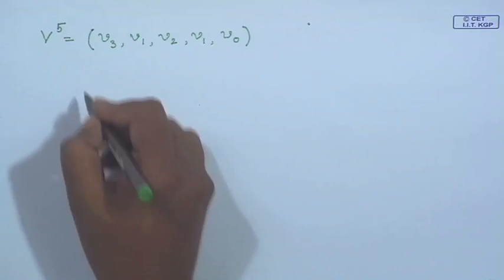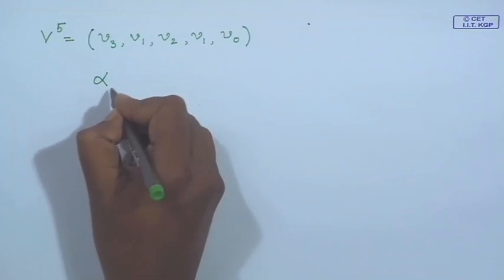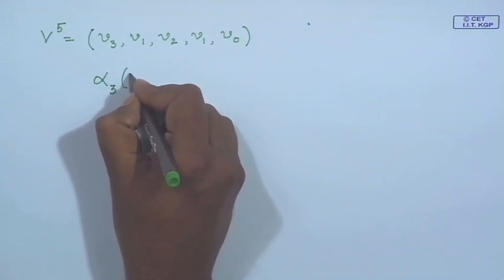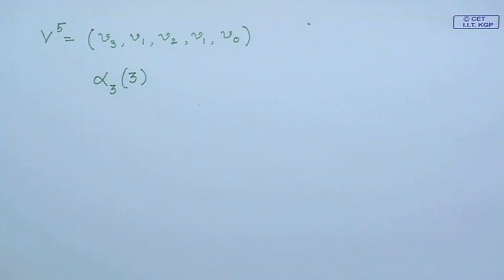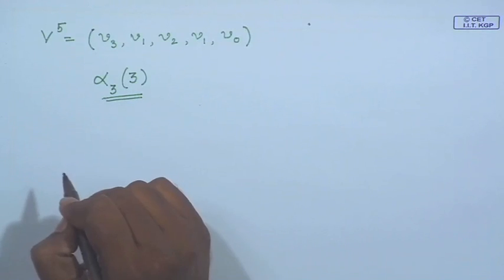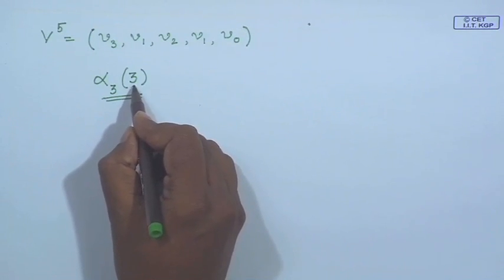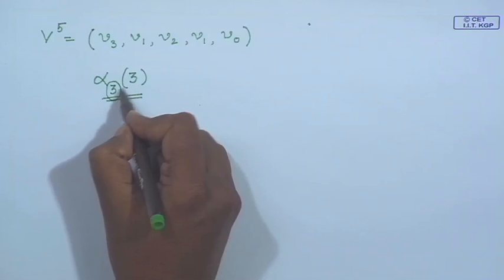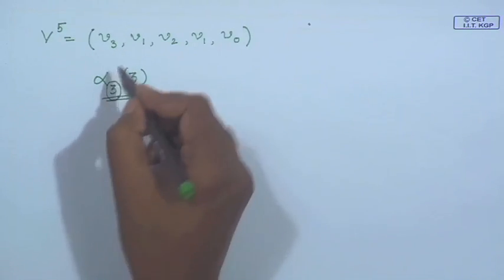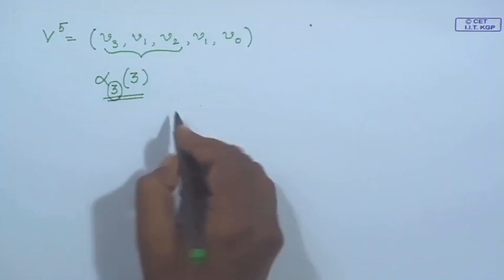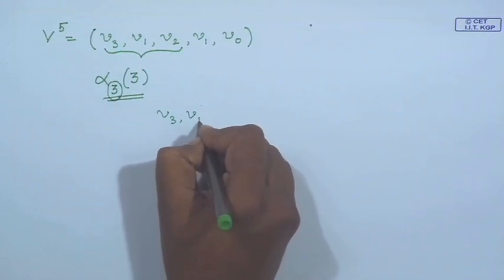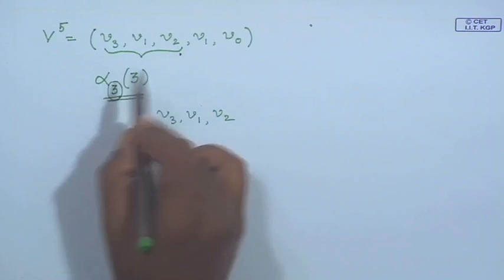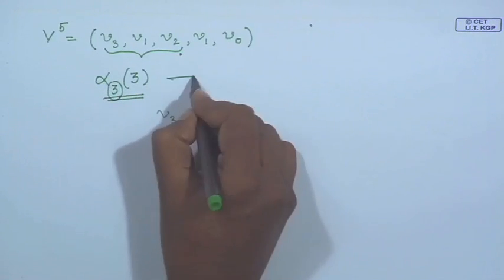If we want to find the term alpha 3 at t equal to 3, this says what is the probability that the hidden Markov model will be in state omega 3 after generation of the first 3 symbols, that is V 3, V 1, V 2.